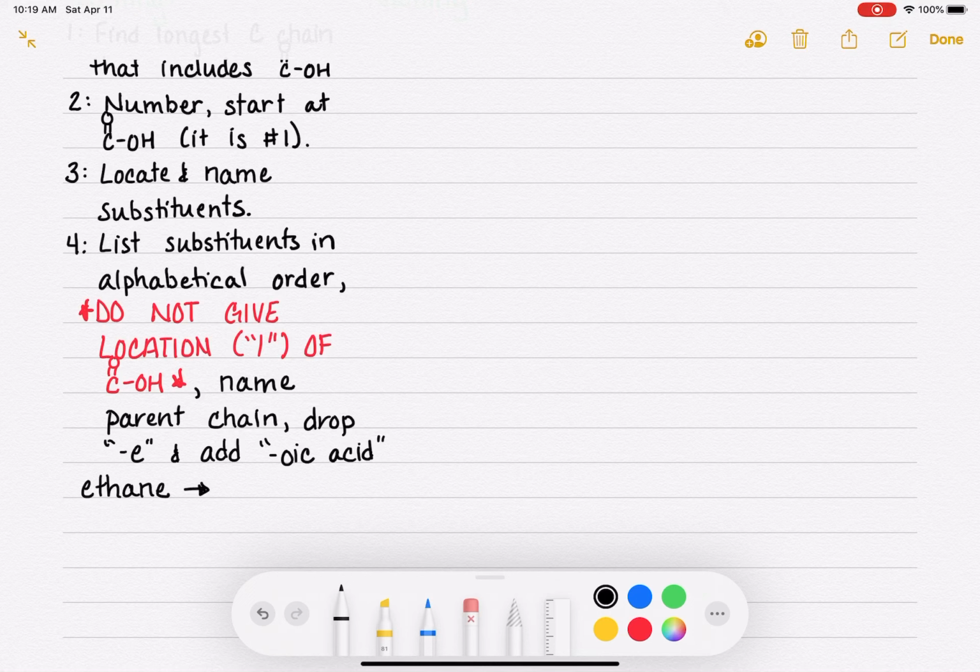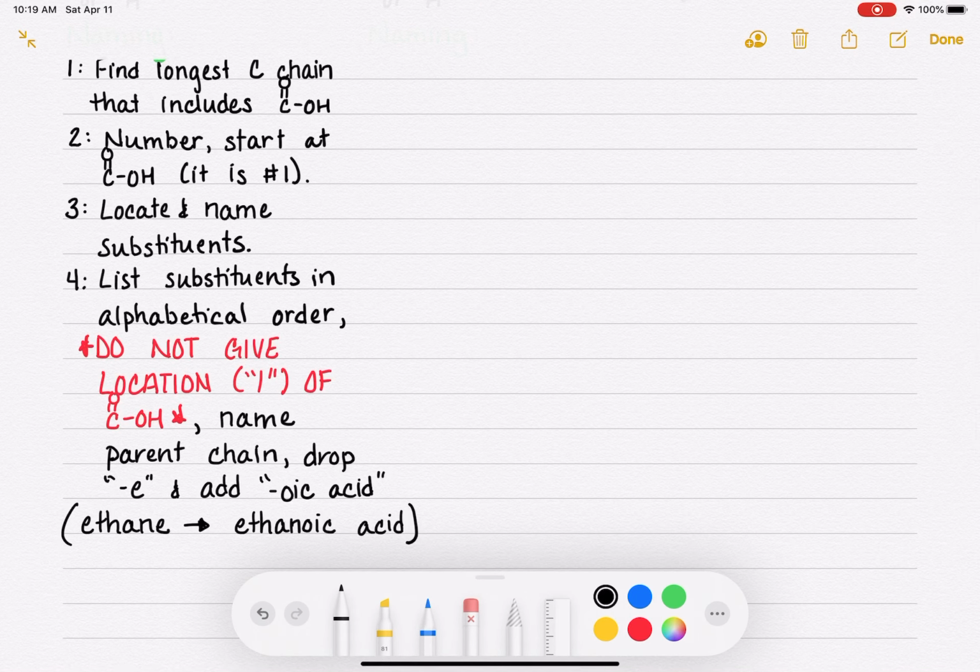To convert that name into the name of a carboxylic acid, we would drop the E and replace it with oic and acid, which is a second word. So this is going to be a 2-word name. These rules are kind of overwhelming. Let's go to our first worksheet and practice naming carboxylic acids.